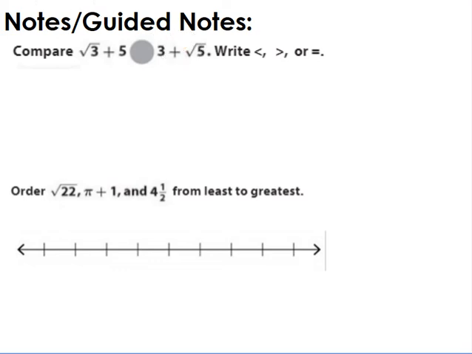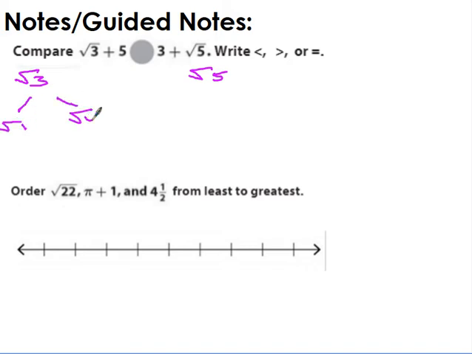With the square root of 3, we don't know exactly what it is, and we also don't know exactly what the square root of 5 is. So I have to approximate the square root of 3 and the square root of 5, and then I can add and figure out which side is greater or less than.